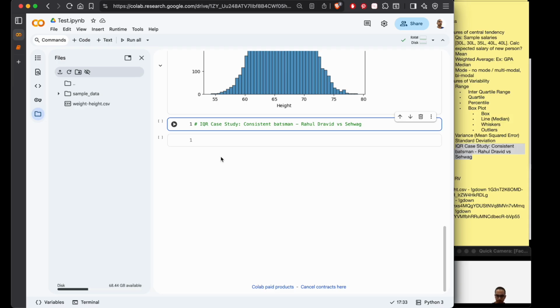So in this data set, we are trying to find out, suppose we have a match and India is playing another team, and it needs 30 runs to maybe win the match.